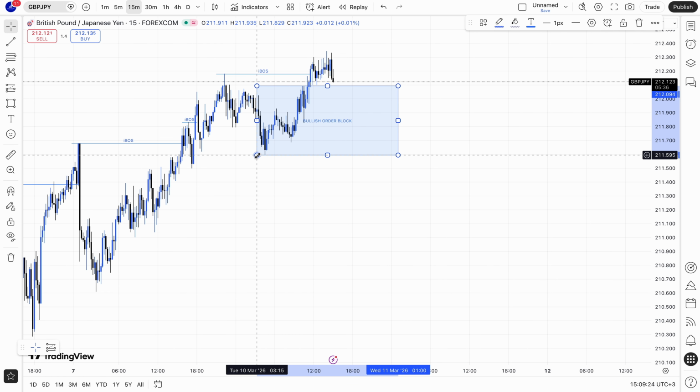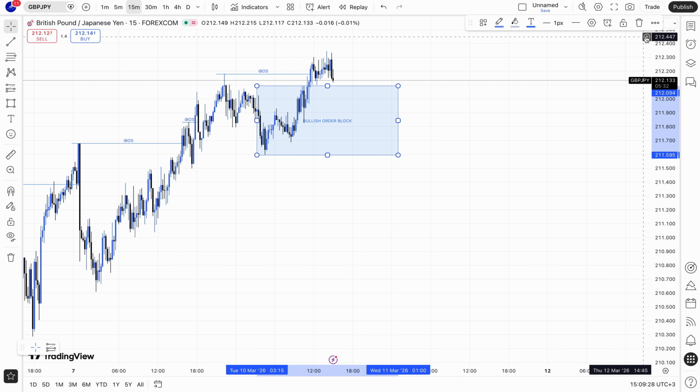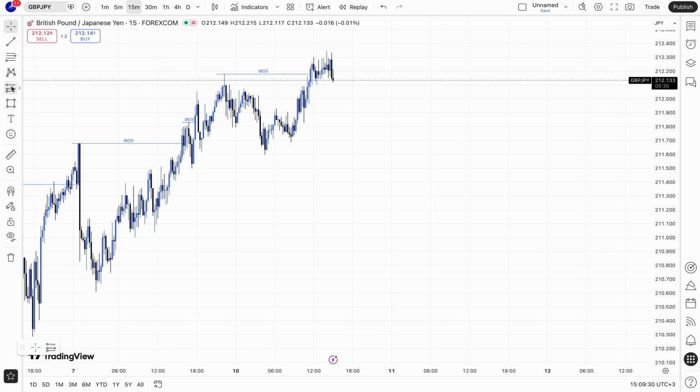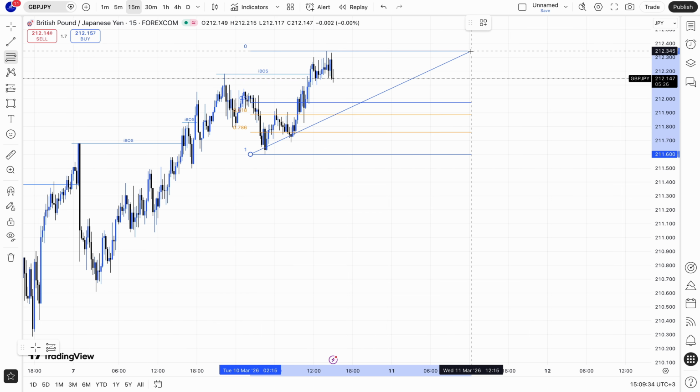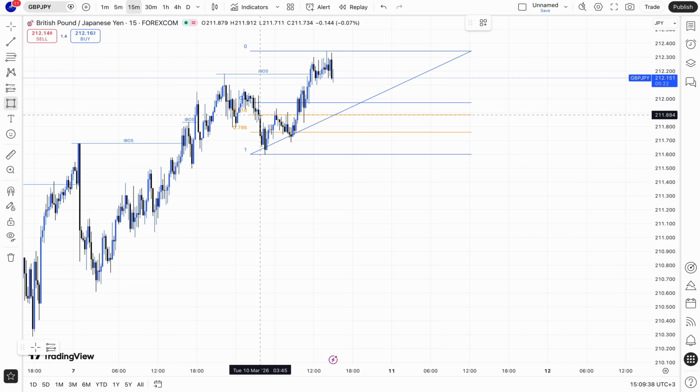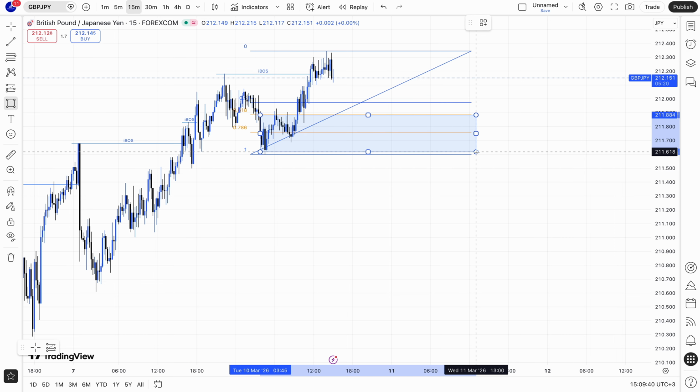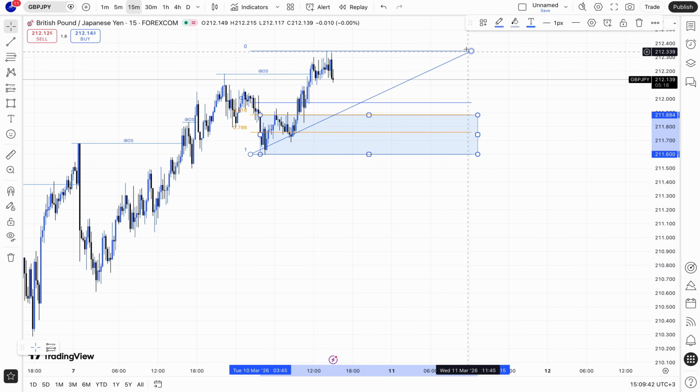In such a scenario, if you don't see any order block, you just use your fib tool, then you measure that from this swing low to the swing high. Then you mark out your order block in our discount golden level.